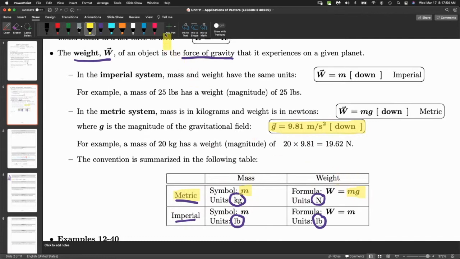So bottom line, if you want to go from kilograms to newtons on the Earth, you multiply by 9.81. And these are the units here, meters per second squared. But the key thing is you multiply by 9.81. And when you go from mass to weight for the imperial, they're equal. So there's no conversion required.